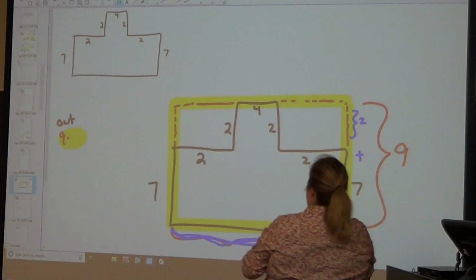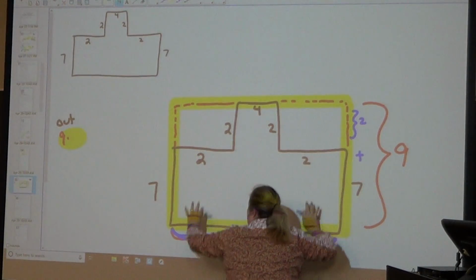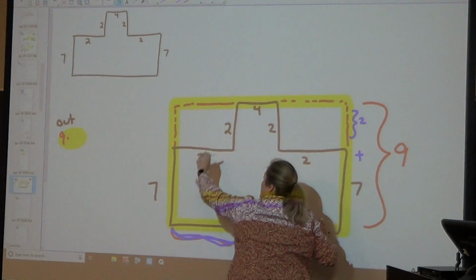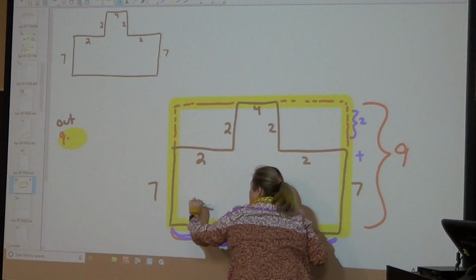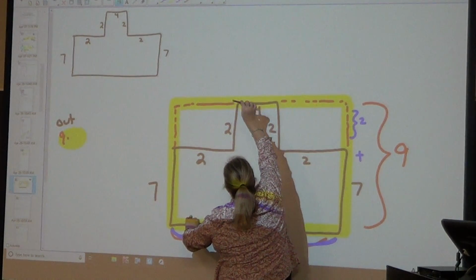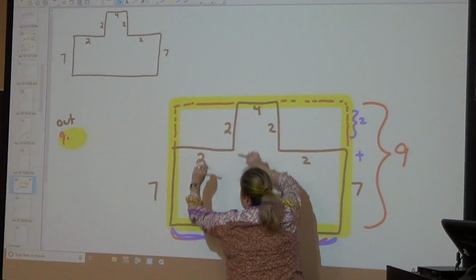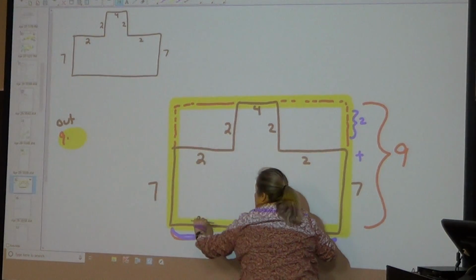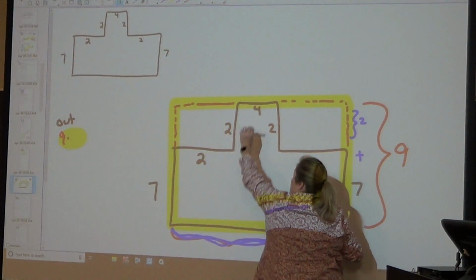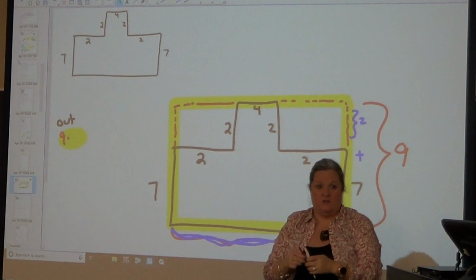We need to know if the earthquake comes and drops all these ceilings to the bottom. Do you see that he would drop to the bottom and that would be a 2? We're not dropping these, we're dropping these. So he's a 2, what is this gonna be? A 4, and what is this gonna be? A 2.